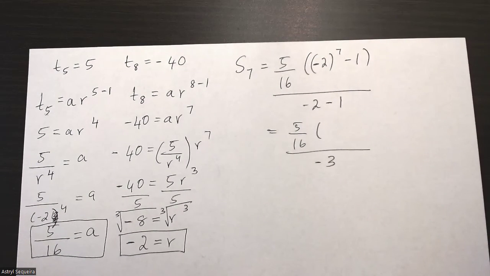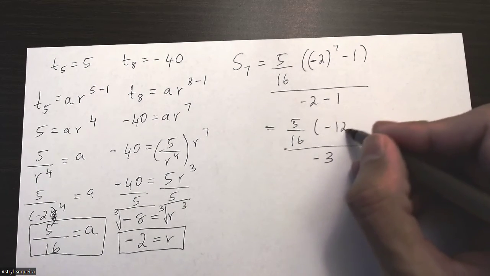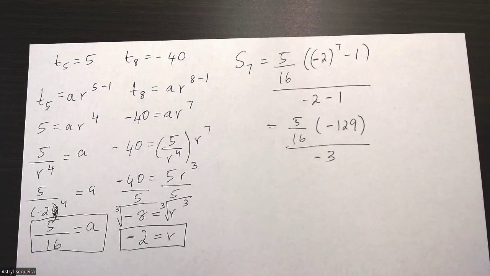And this I'll do in my calculator. Get negative 129. And then I'll just do this whole calculation.